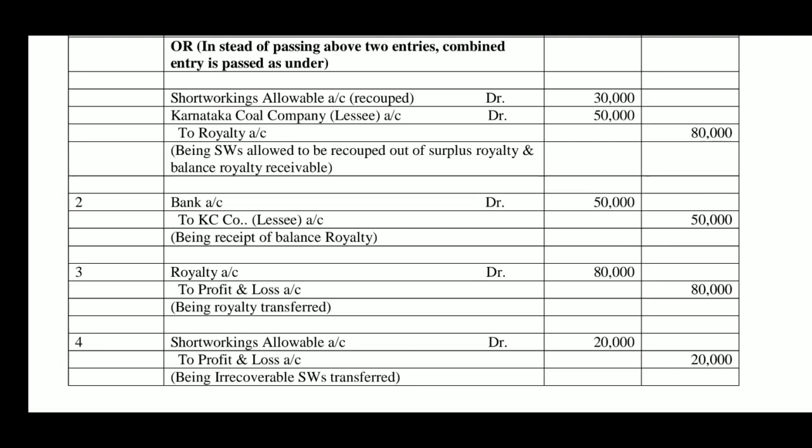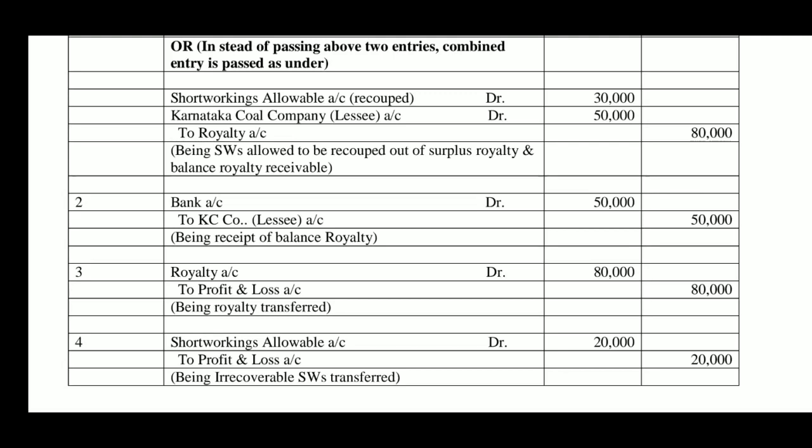The 5 years period expired, the unrecouped portion 20,000 becomes irrecoverable, which is resulting in loss to the lessee, gain to the lessor. Therefore, gain will be transferred to profit and loss account. Profit and loss account was debited by the lessee.